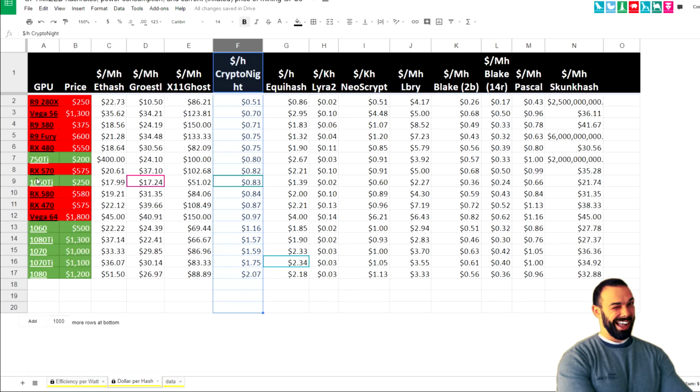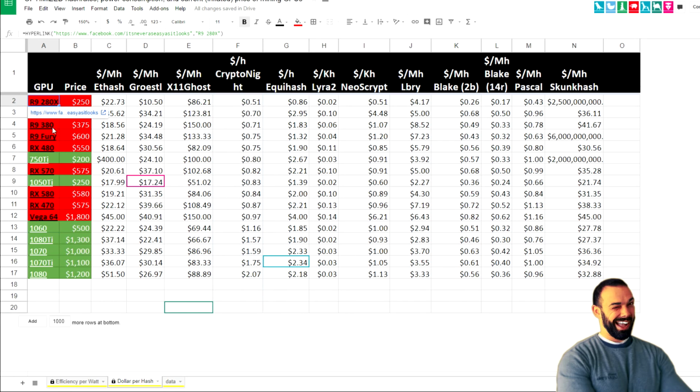It's going to reshuffle all of this data so that it goes from most cost effective to least cost effective per hash when mining CryptoNight currencies. Pretty cool. But it turns out that because of the low cost of the R9 280X on AMD, that's actually a really good way to get started with CryptoNight mining.